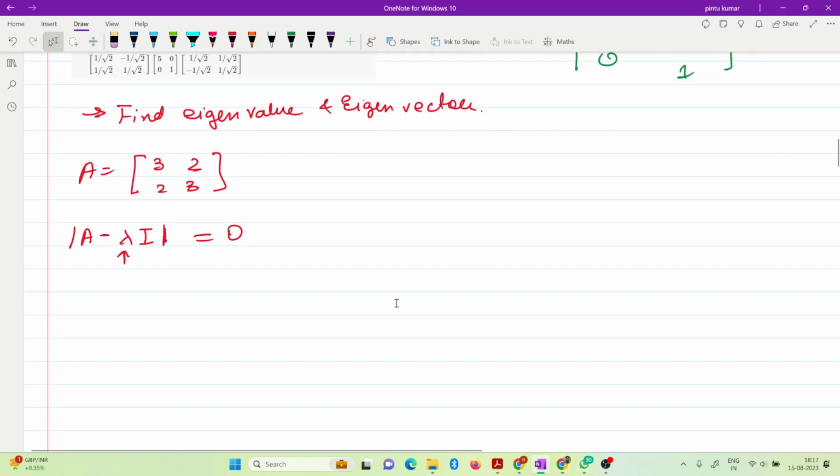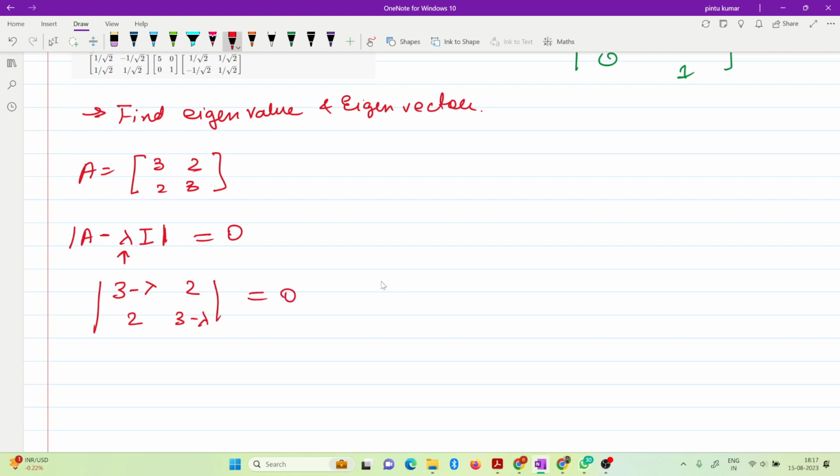Okay. So if we write this matrix in this form, this is 3 minus lambda. This term is 0, 2, 3 minus lambda. This is 0. So what does this mean? This means (3 minus lambda) square minus 4 is 0. So this is lambda square plus 9 minus 6 lambda.